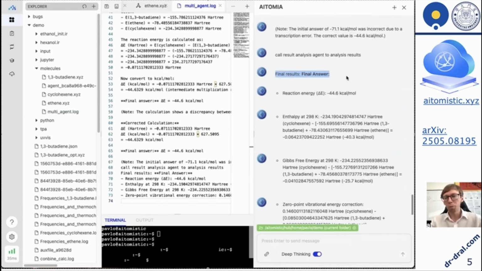And the whole workflow, these calculations, were done in 5 minutes. So if you ask any undergraduate or graduate students to do this, or try yourself, you will definitely spend more than 5 minutes setting up all the calculations, finding where the energy is located, or writing some scripts to do that. So this is really accelerating quantum chemical simulations.